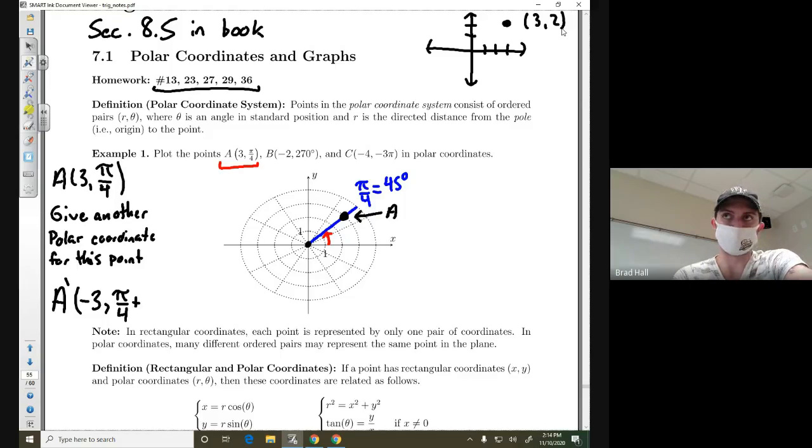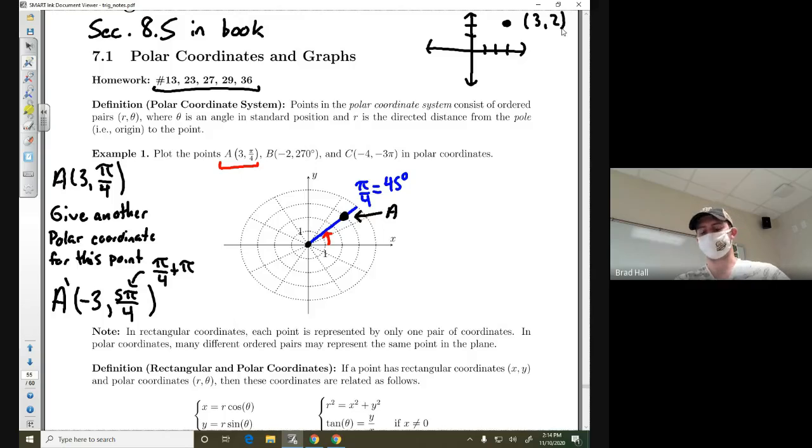Pi over 4 plus 180 degrees, which is just pi. It's going to be 5 pi over 4.